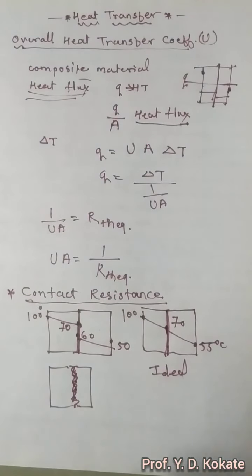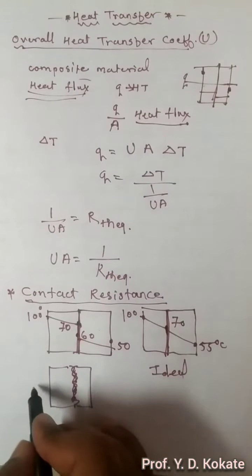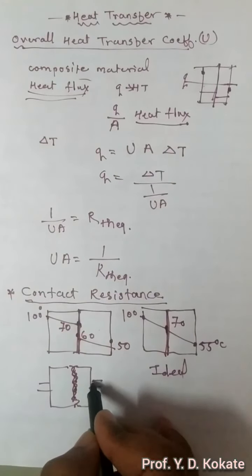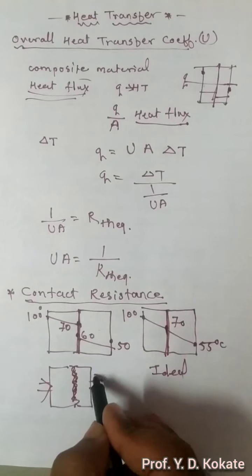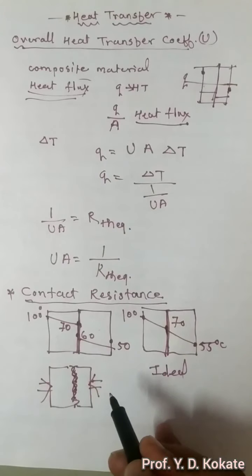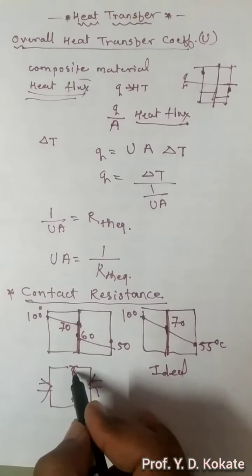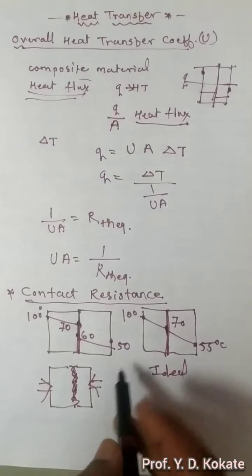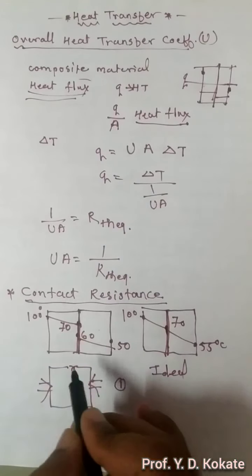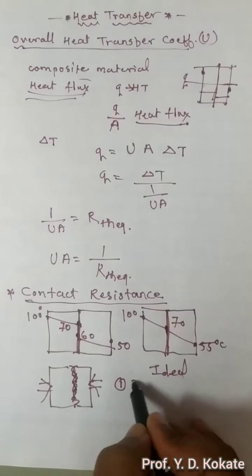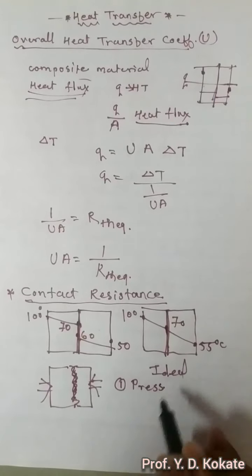So how do we reduce these contact resistances? If you use logic, you will get the answer. First, if I press both the surfaces onto each other, then the void space will be reduced. So the first method to reduce contact resistance is to apply pressure.